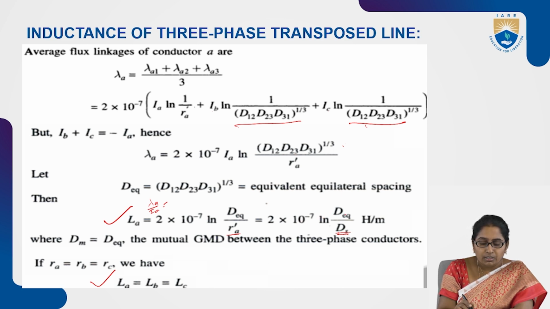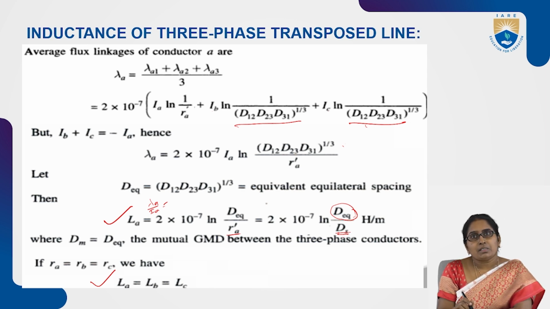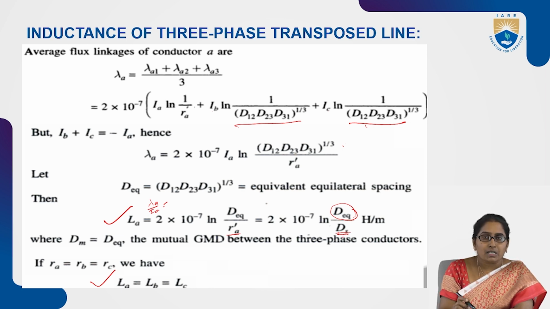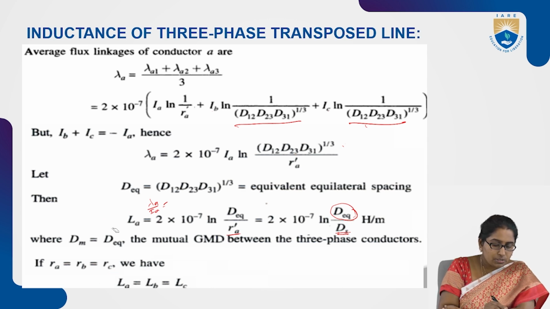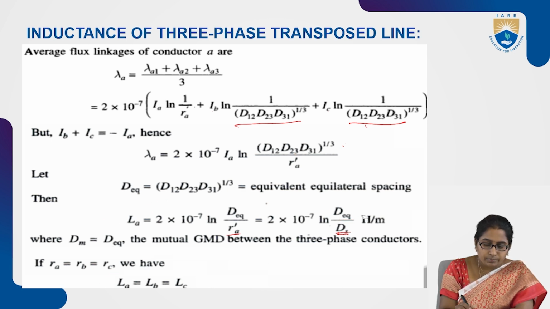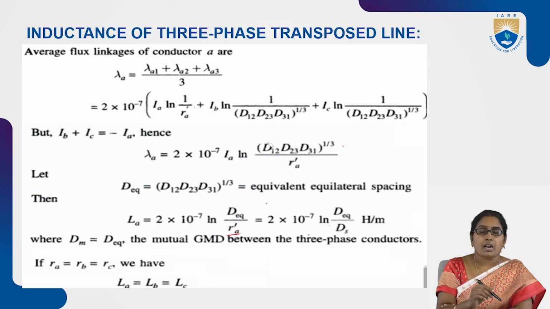Only here, in the numerator, D is the cube root of the three distances between the conductors in the given three-phase line, and Ds is the same as for a single-phase transmission line. So this is the expression for inductance of the three-phase transposed line.